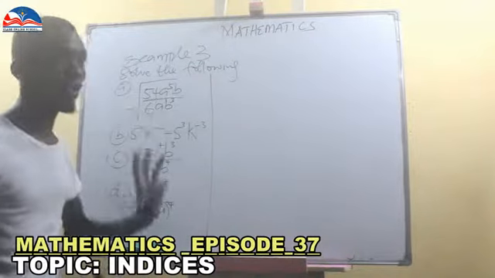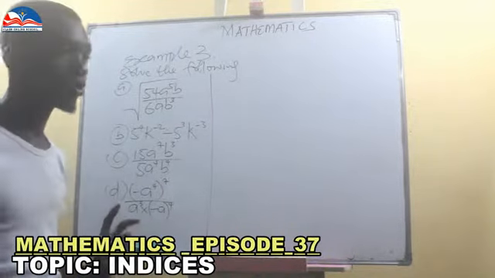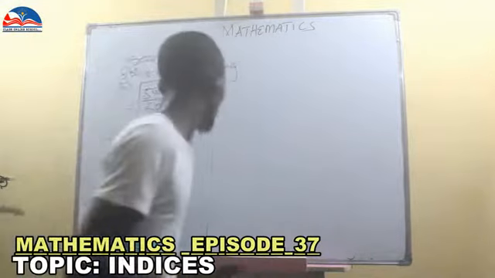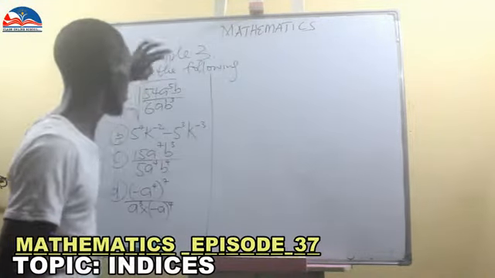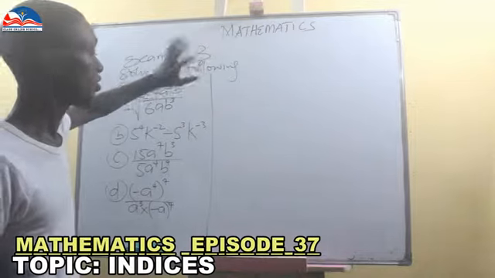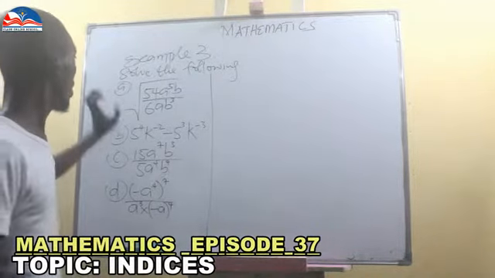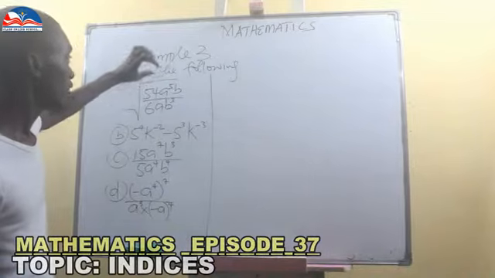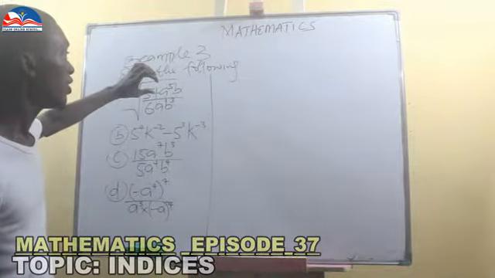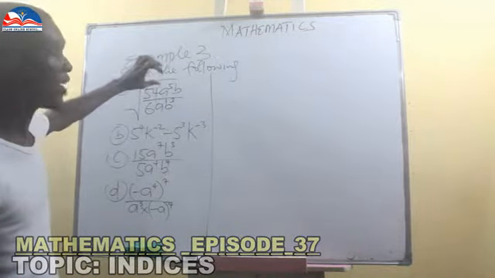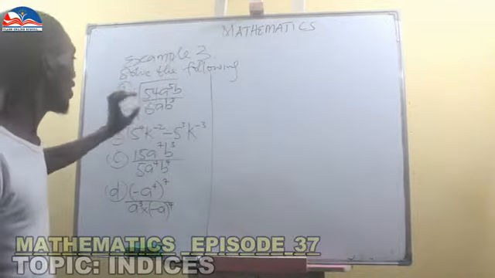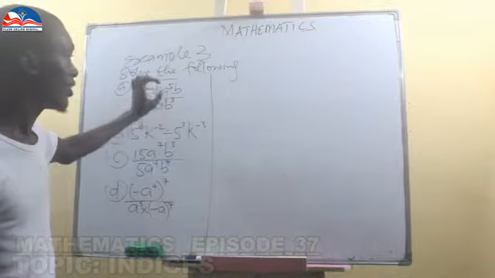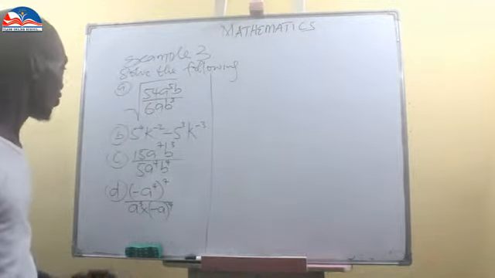We have taken example 1, example 2. Now let's look into example 3. Look at the question. It says solve the following. A, square root of 54a^5b over 6ab^3.